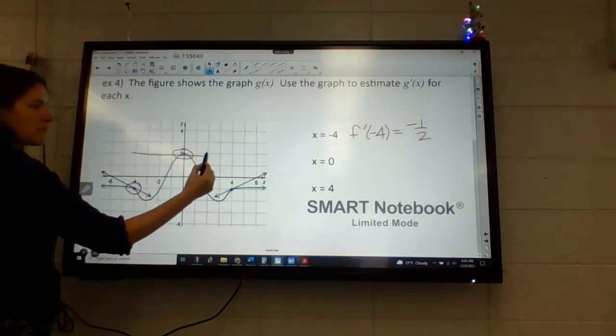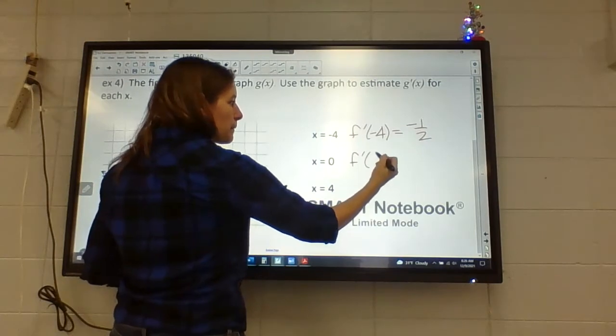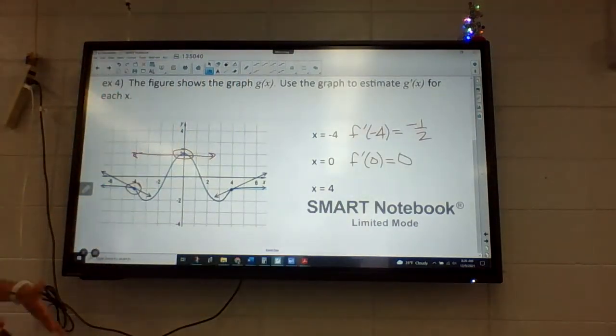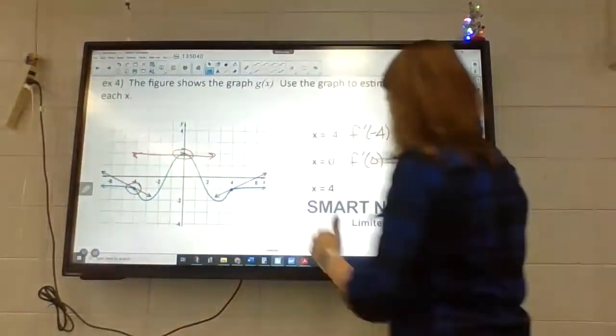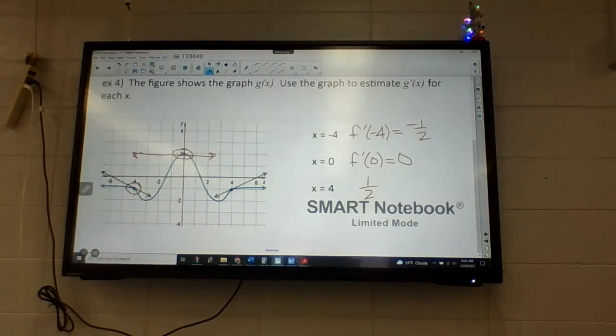The slope would just be flat here, so the slope would be 0. And then at 4, it would be +1/2. So being able to look at the graph, we have a few of those on our homework, so you guys will be able to finish those.